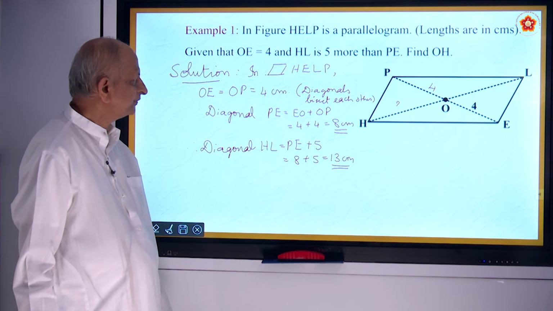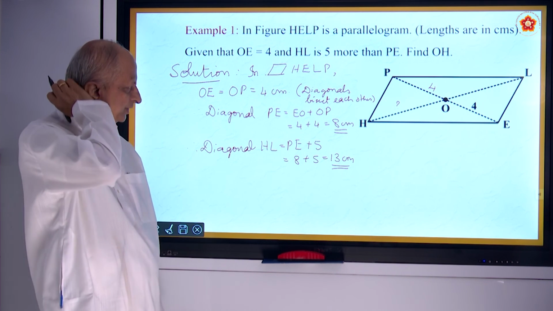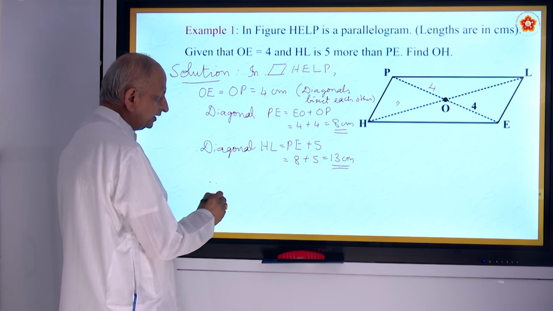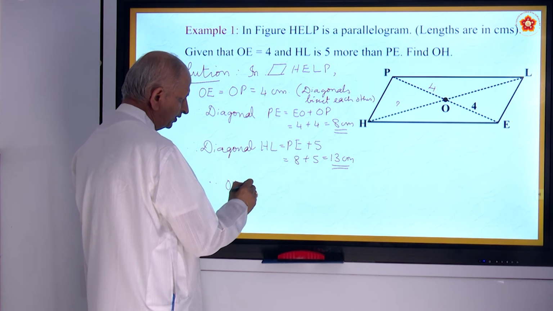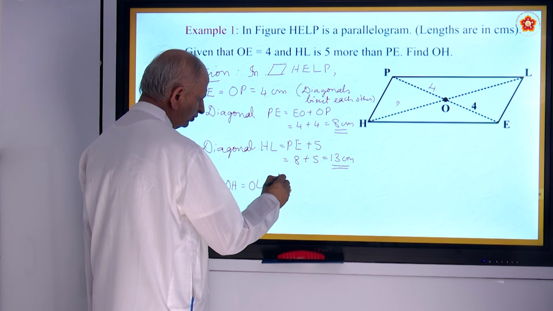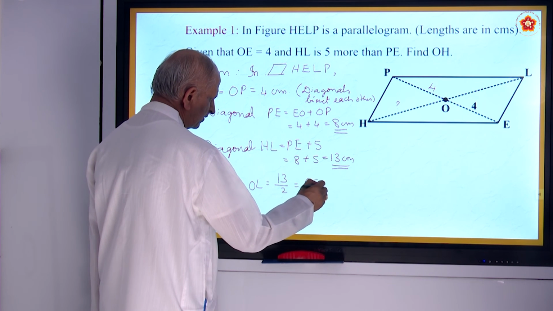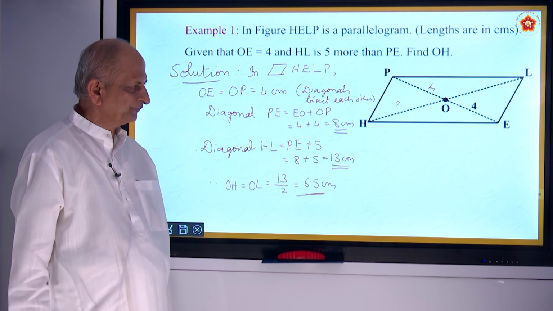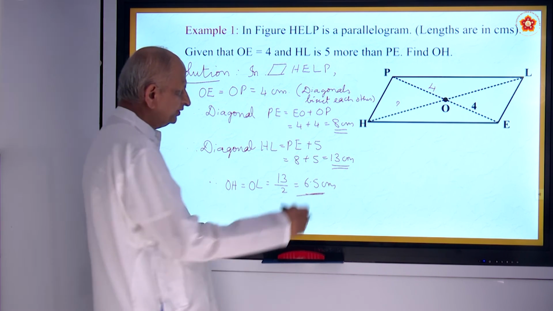Got it? Now you can find OH. So HL is 13, therefore you can write OH is equal to OL is equal to 13 by 2, that is 6.5. That's all the problem. Correct? Noted? So this is 6.5.